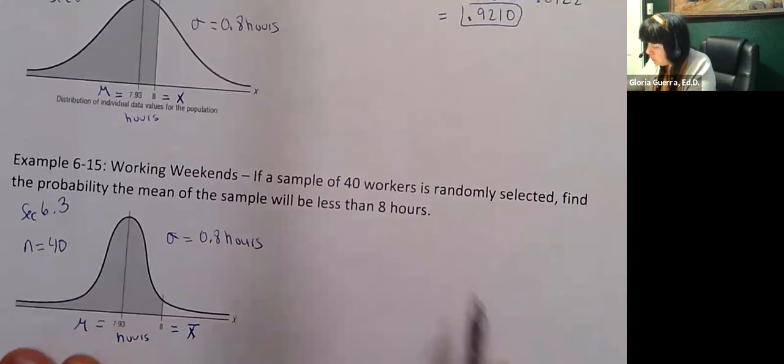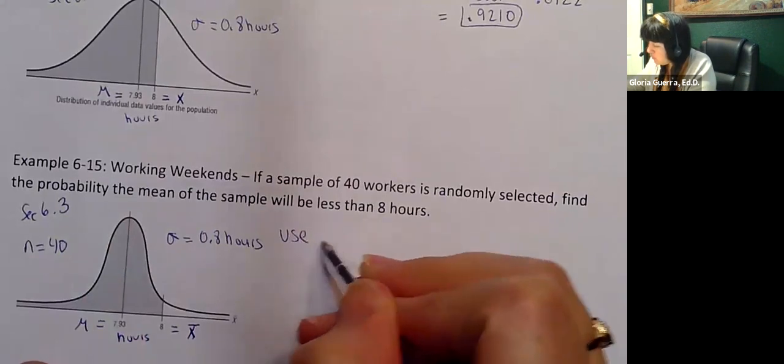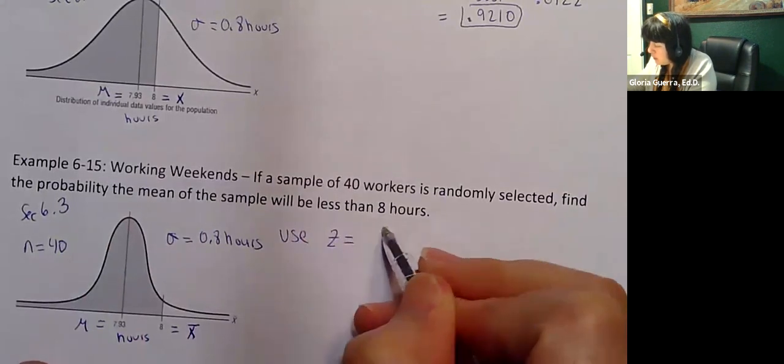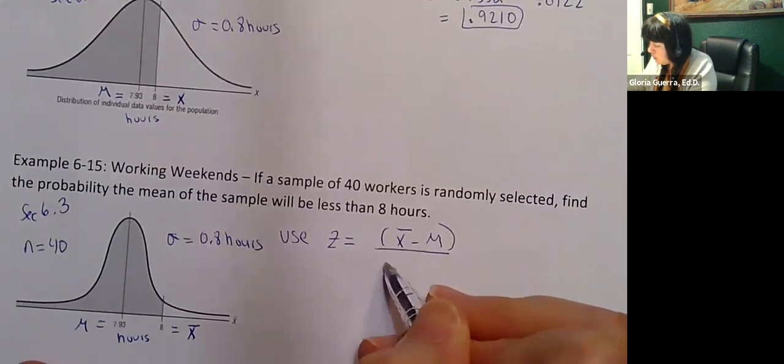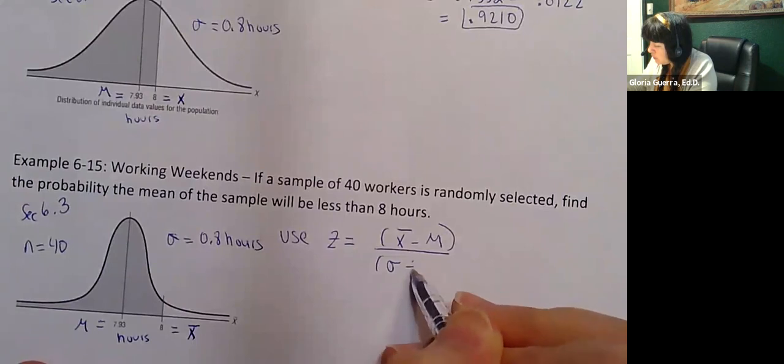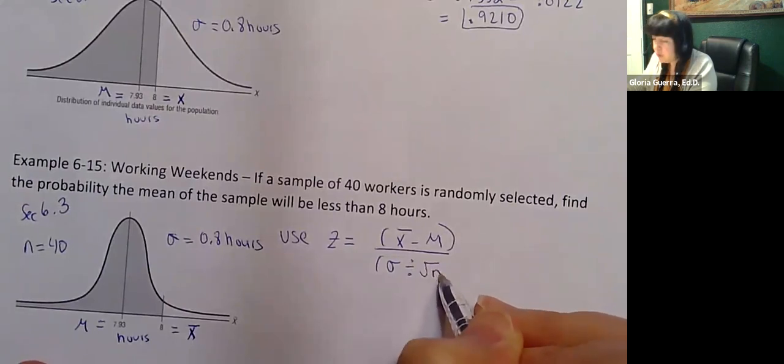So here we've got to use the formula, the sample mean minus mu divided by sigma divided by square root of n.